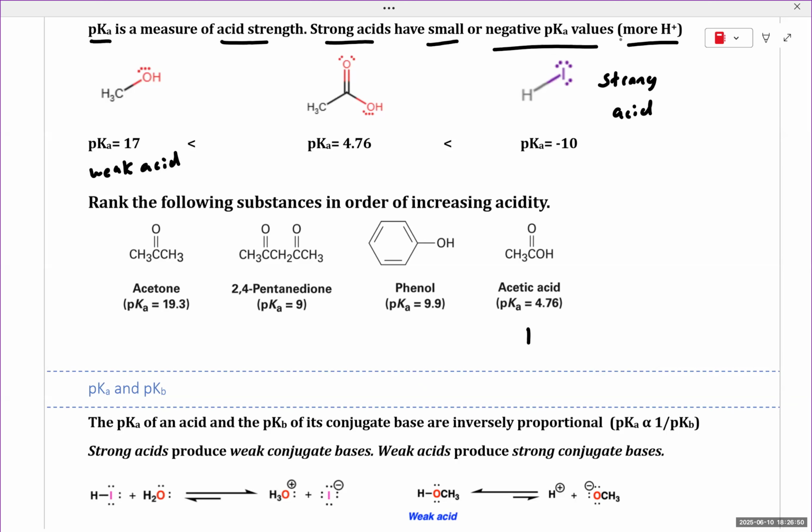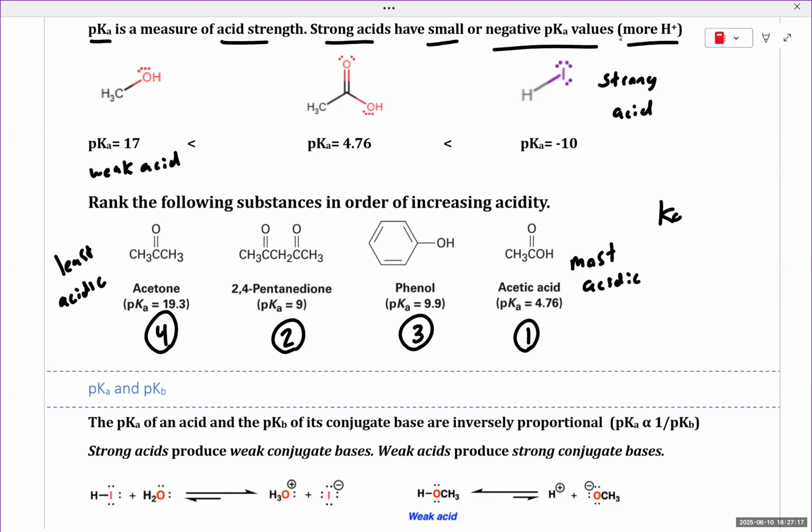So acetic acid would be the most acidic, then pentanedione, then phenol, and finally acetone. We're essentially using the pKa values to rank the compound acidity. Acetic acid with the smallest pKa value is the most acidic, while acetone with the largest pKa value is the least acidic.